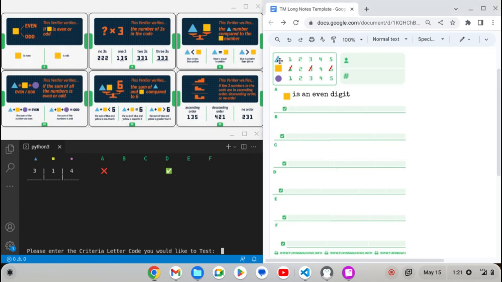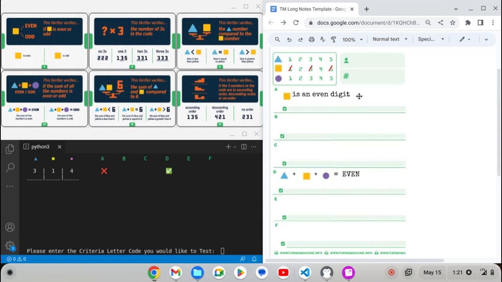So that's what I'm going to write down in my notes for criteria D, that the sum of triangle plus square plus circle is equal to an even quantity. Okay, so let's see, what can that tell us about our overall solution?